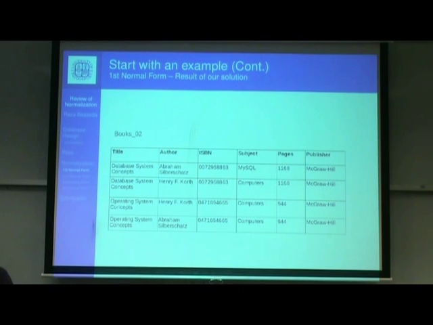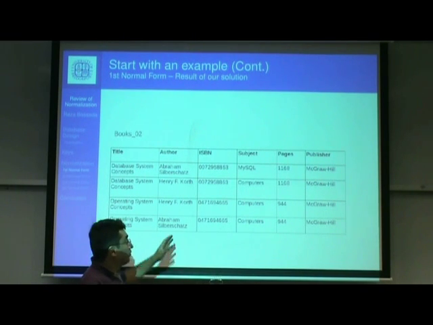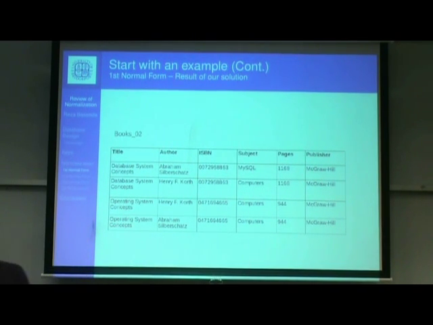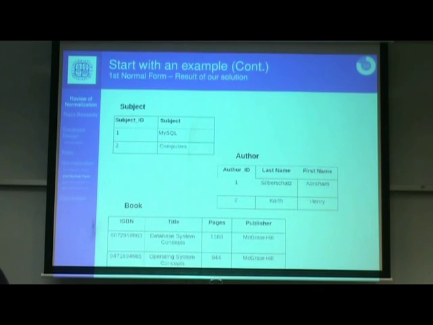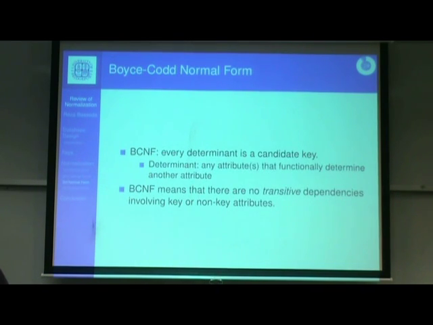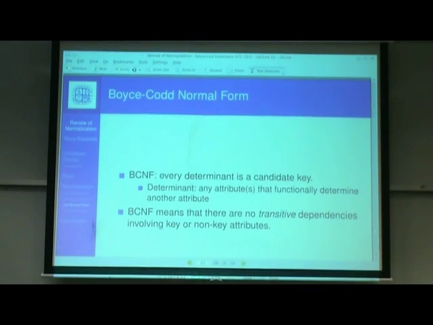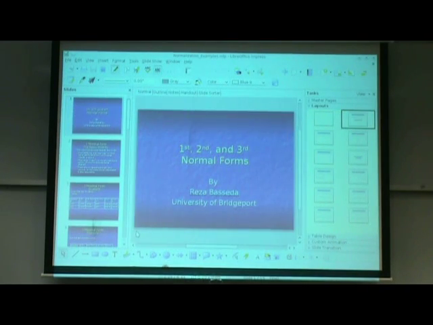So it is depending on some part of the primary key. So it is depending on ISBN. So what we are doing is basically breaking it into different tables. So let me go to the other presentation.